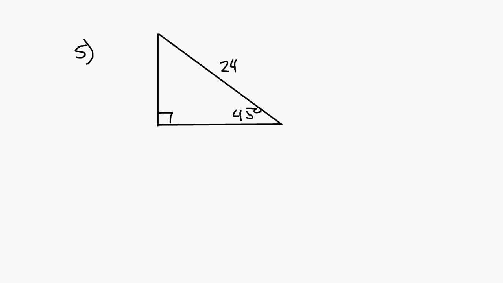If the hypotenuse is 24, then both of the legs are 24 divided by the square root of 2. So in your calculator, take 24 and divide it by the square root of 2. And you should get 16.97, which rounds to 17. So these sides are congruent, and they're both equal to 17.